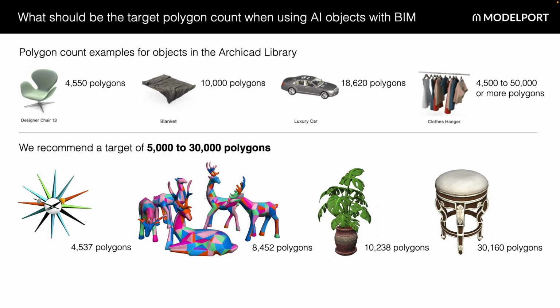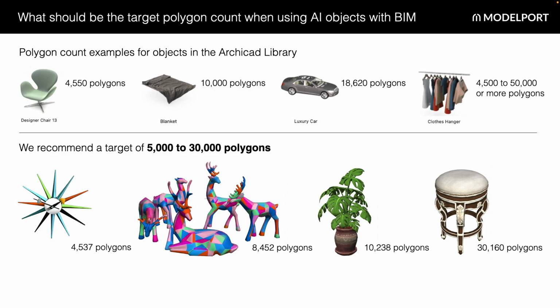And so in the testing we've done with a lot of these objects, you can see here the starburst clock is 4,537 polygons. So this is a very small polygon model for this little clock. And then this deer sculpture that a manufacturer or an artist produces is 8,452 polygons.